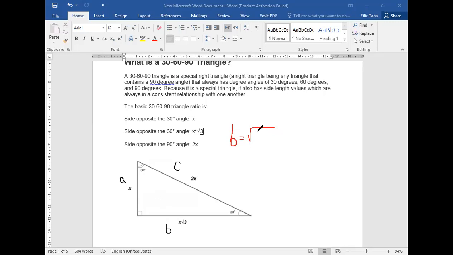So it will be 2x to the power of 2 minus x to the power of 2.